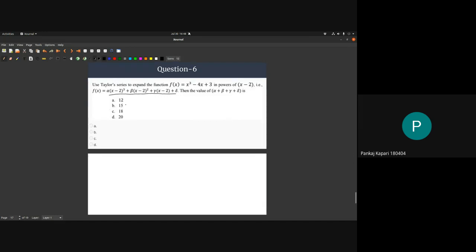Let's recall again what the Taylor series was. In general, if you have to write f(x) about some point a, it is f(a) plus f prime(a) times (x minus a), plus f double prime(a) times (x minus a) square divided by 2, plus lots of terms; the nth term is the nth derivative of f at a, times (x minus a) to the power n, divided by n factorial, and the series goes on.